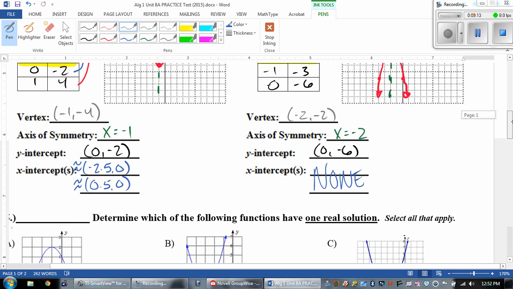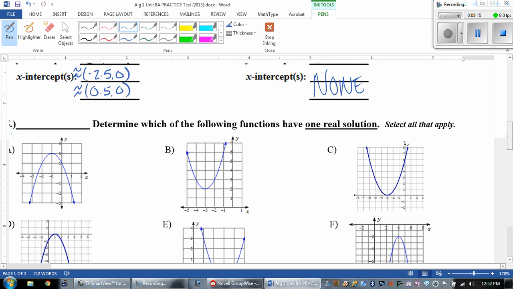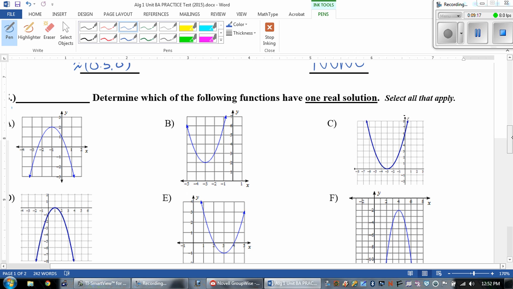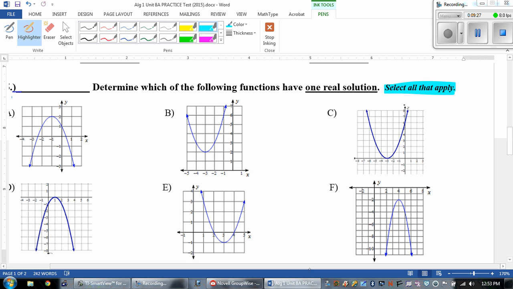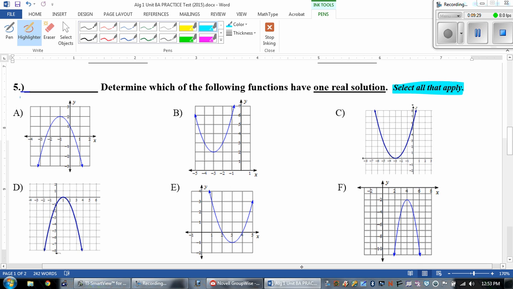All right, next one. It says determine which of the following functions have one real solution. Select all that apply. So that means there's going to be more than one. All right, so one solution. Let's look at A. Well, A, it crosses once, twice. So this is 2 solutions, okay?